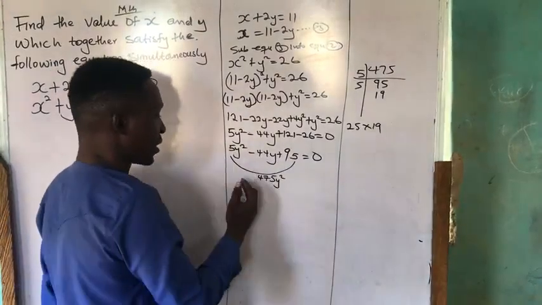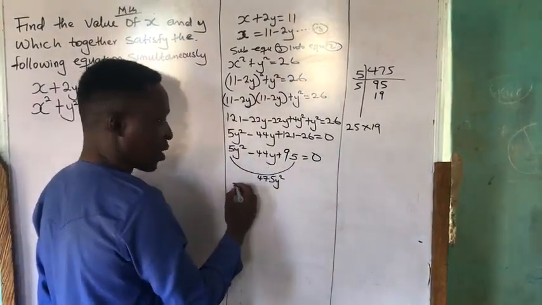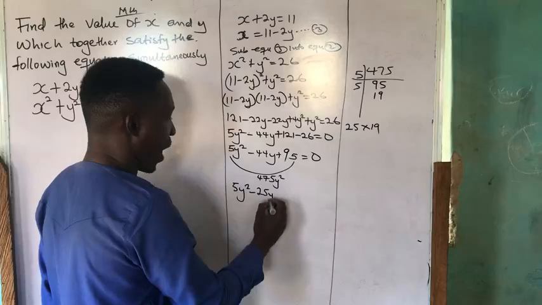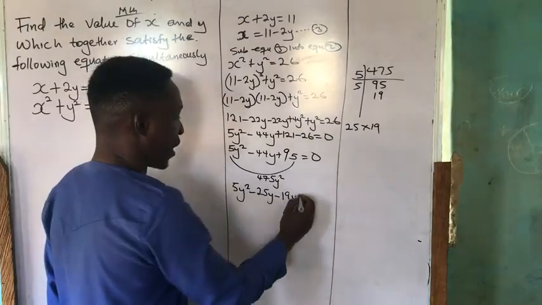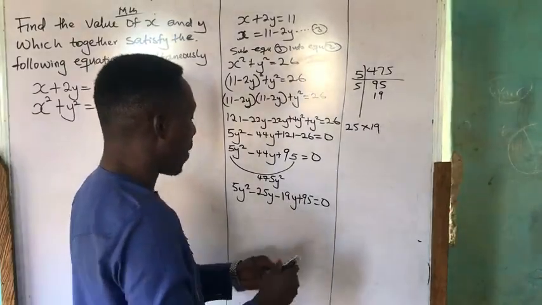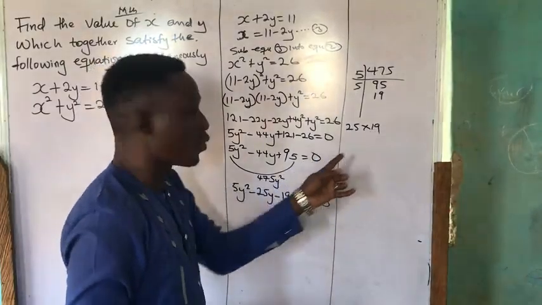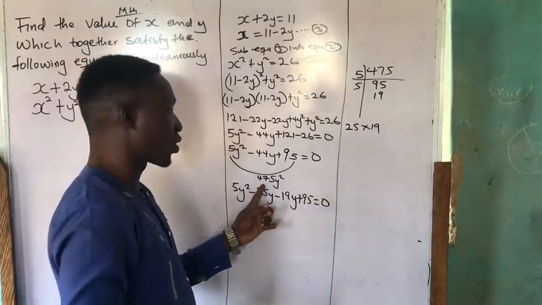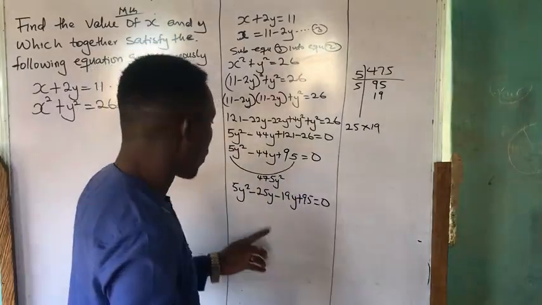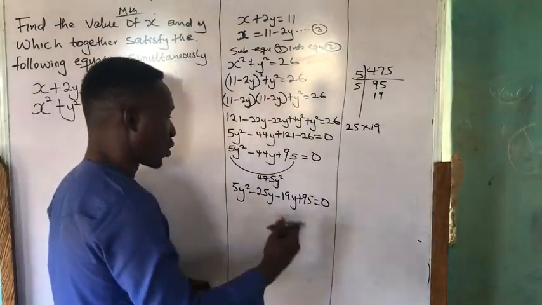So it means that my factors now will be 5y squared minus 25y minus 19y plus 95 equals 0, because minus 25 times minus 19 will give me plus 475. Minus 25 plus minus 19 will give me minus 44.